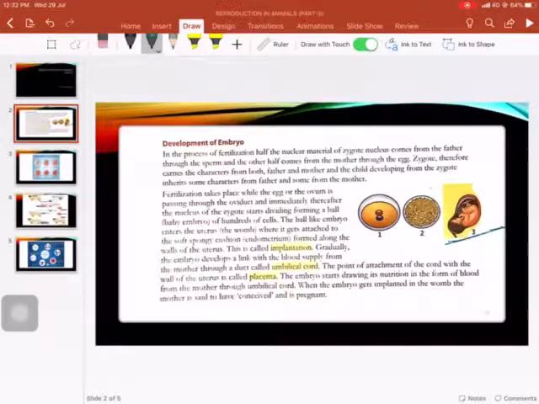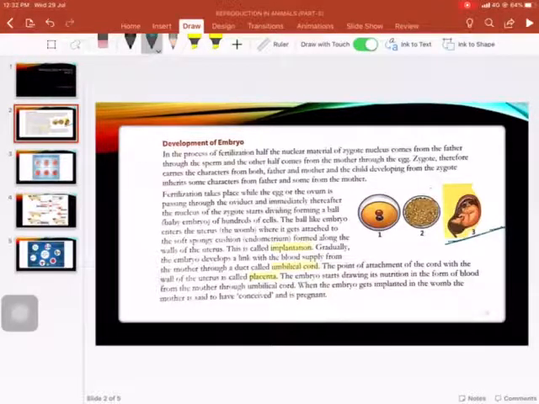Endometrium is meant for giving protection to the developing embryo. This process, when the embryo is attached to the wall of the uterus, is called implantation. I am repeating, the attachment of the developing embryo to the wall of the uterus is called implantation.